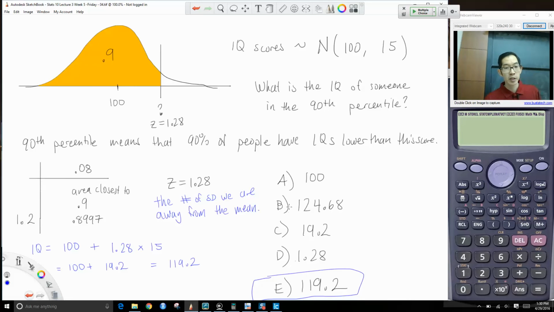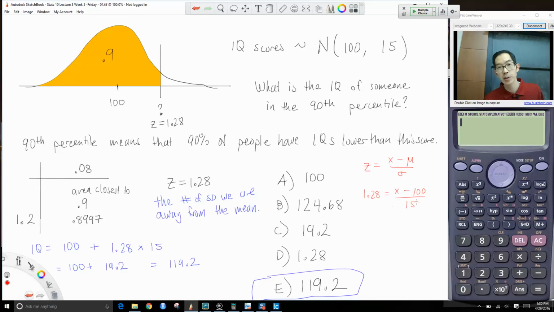Okay? An alternative way is just to say, well, z is equal, excuse me, x minus mu over sigma. We have 1.28 is equal to the unknown x minus the mean of 100, mu, divided by sigma, which is 15.